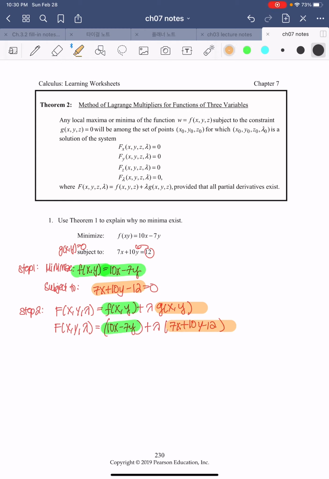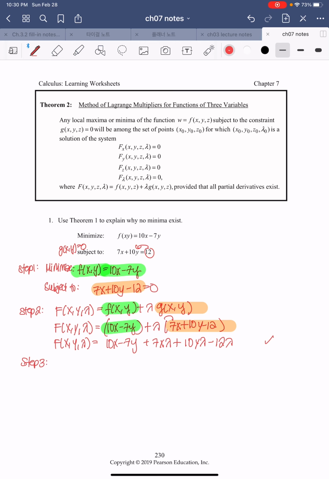I'm going to do a little bit of math and distribute the lambda, and then put it into a nice single formula without the parentheses. After distributing, I have 10x minus 7y plus 7x lambda plus 10y lambda minus 12 lambda. Part 2, finish.